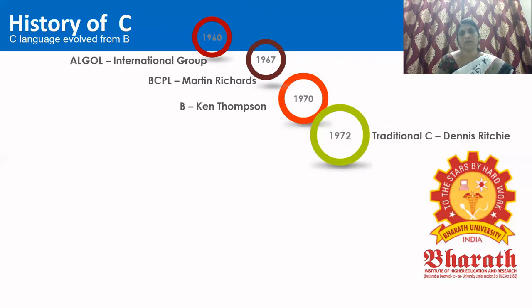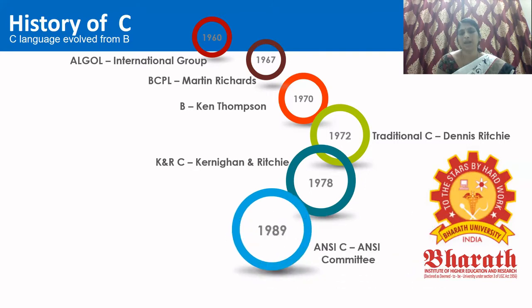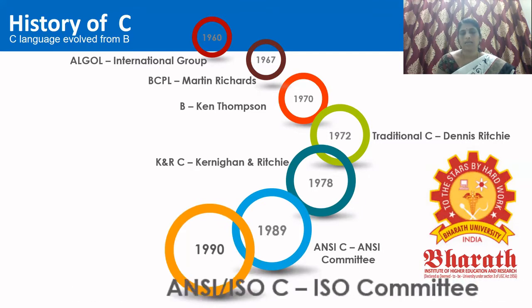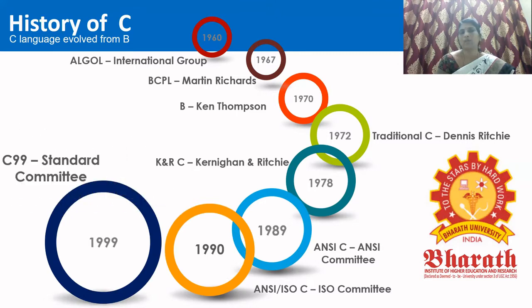In 1972, Dennis Ritchie introduced traditional C. After that, C has various forms. It has Kernighan and Ritchie K&R C in 1978, and in 1989 we have the ANSI committee standardizing C as ANSI C. And in 1990 we had ANSI and ISO together standardizing the C language. And in 1999 we had the standard C99. And in 2011, some further standardizations were performed in the C language.